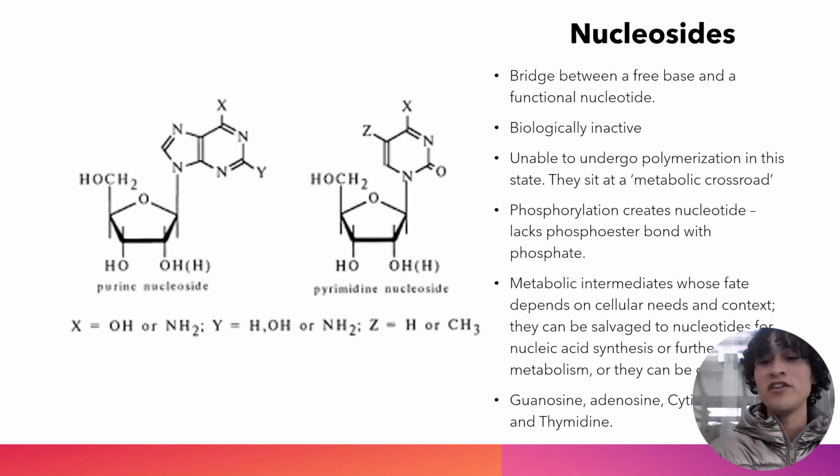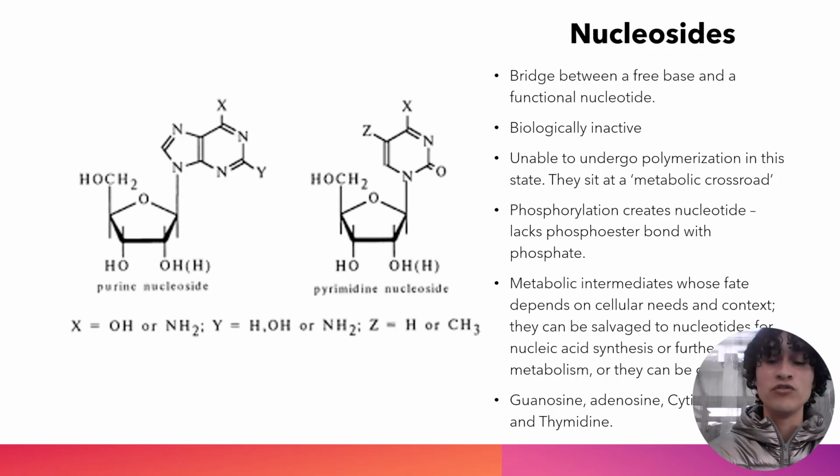So we've previously just spoken about nucleotides, and now we're going to be speaking about nucleosides, okay? And again, it all kind of falls into place, so it's not very complicated. So nucleosides are essentially that bridge between a free nitrogenous base and a functional nucleotide.